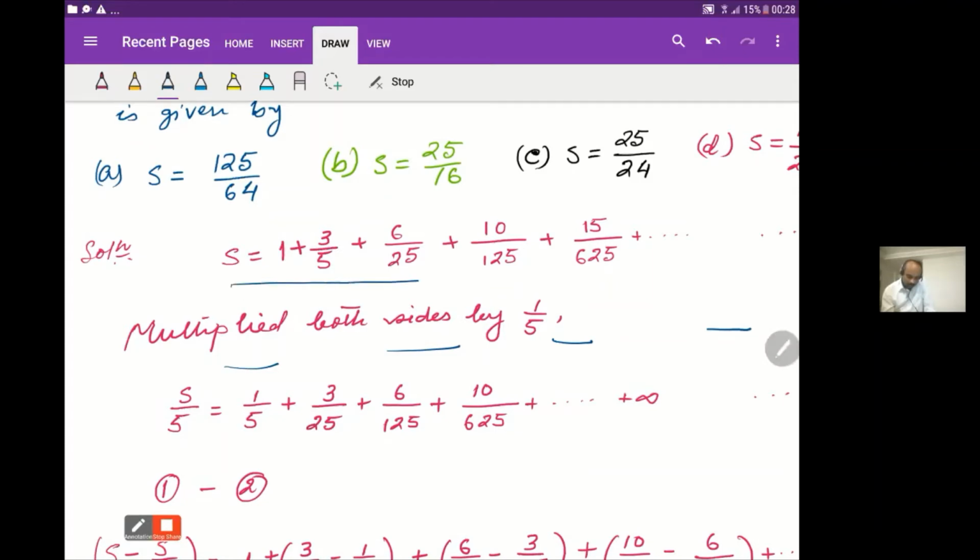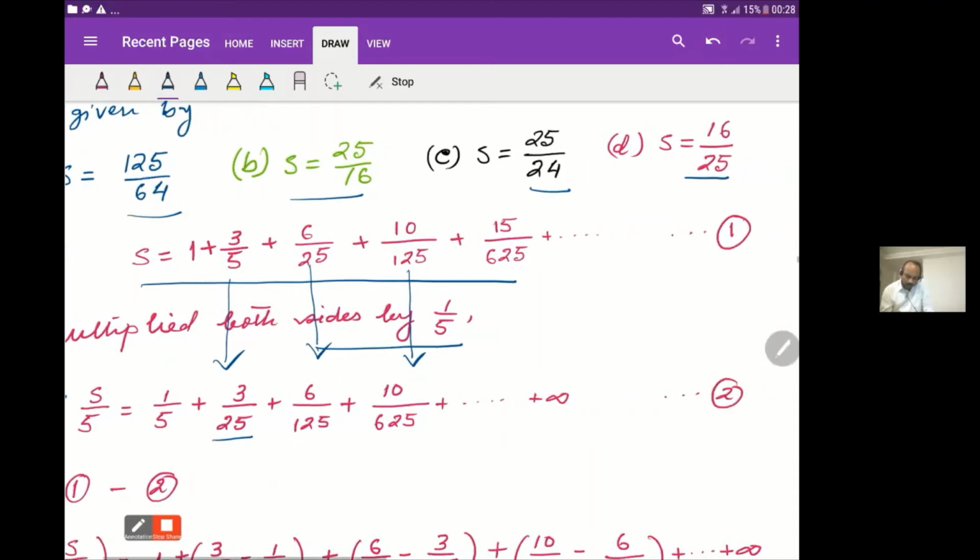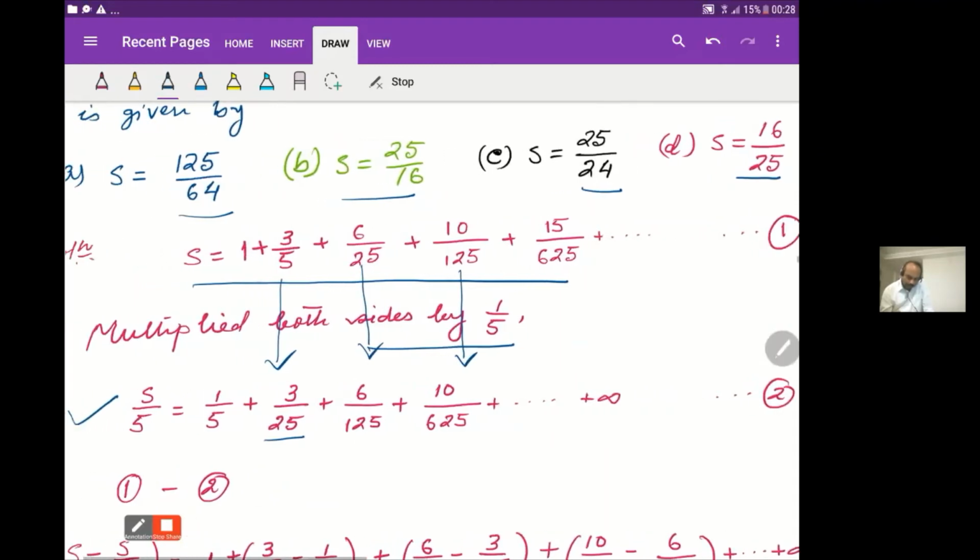So S is given. Now we can multiply both sides by 1 by 5. That gives us S by 5 on the left hand side. On the right hand side, we have 1 by 5 plus 3 by 25 plus 6 by 125 plus 10 by 625, and so on and so forth. So this is our equation number 2.